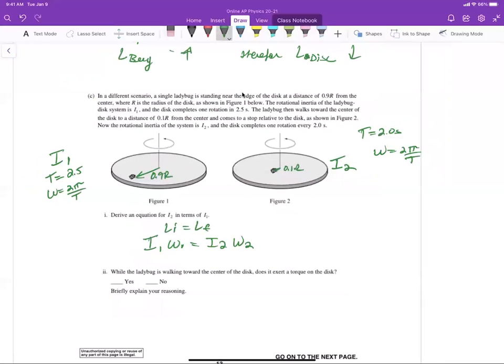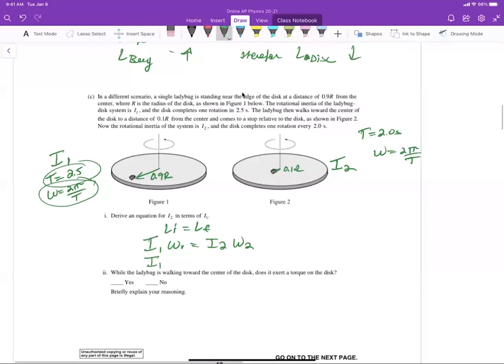So then we'll plug in some things that we know. Because we're trying to find an equation for I2 with respect to I1, we can leave I2 and I1. We can rearrange this information about period, and we know that omega here is equal to 2 pi over 2.5, and that times moment of inertia 1 equals moment of inertia 2 times 2 pi over 2. The 2 pi's cancel, divide those out, and I can rearrange for what do we want to find?